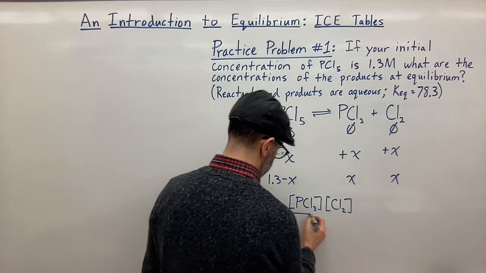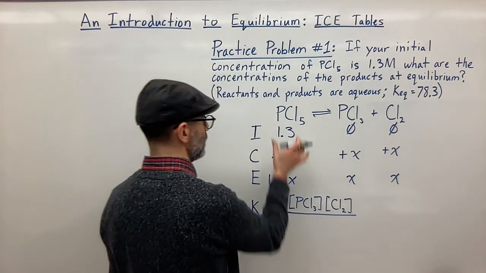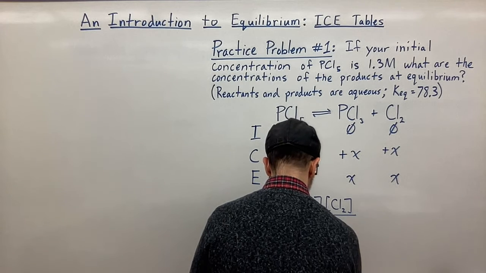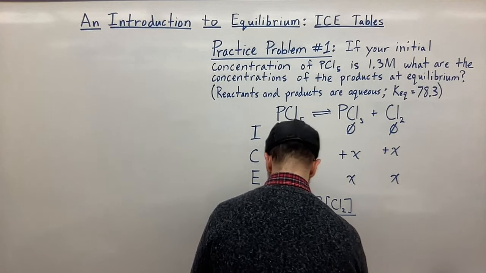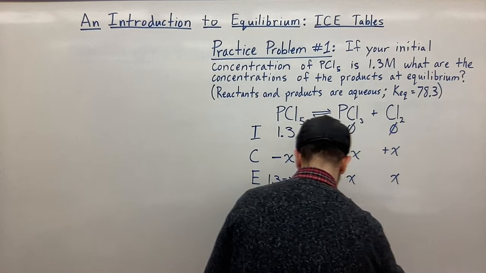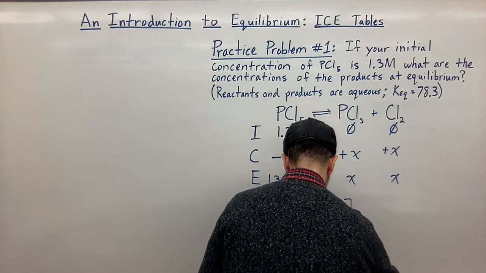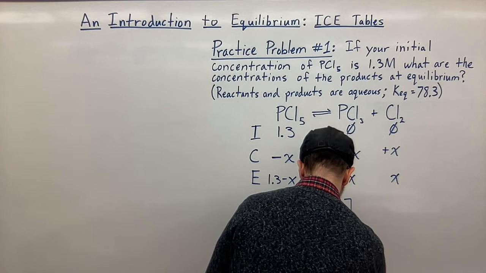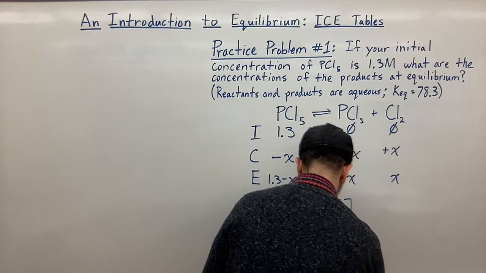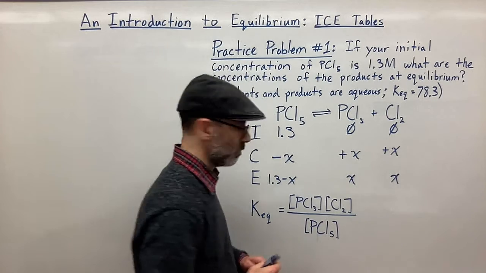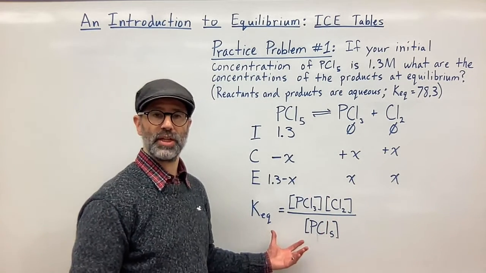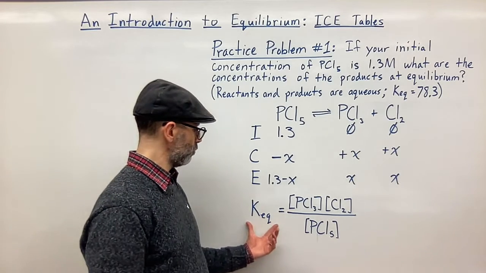And then all of this is going to be over the reactant, which is PCl5, so the concentration of PCl5. Okay, so now I have my equilibrium expression for KEQ.